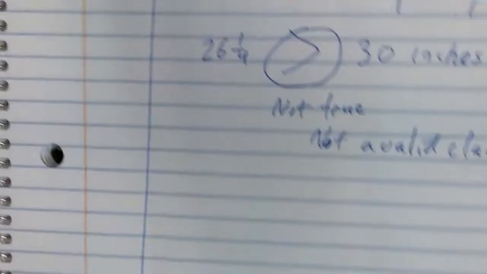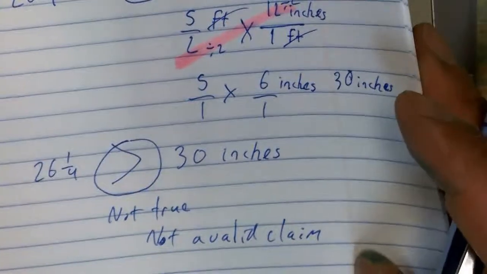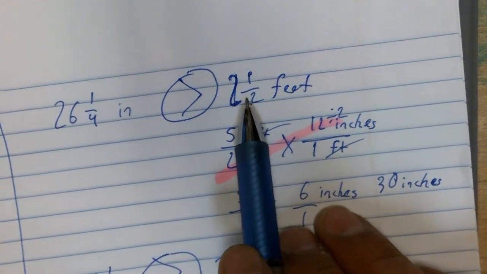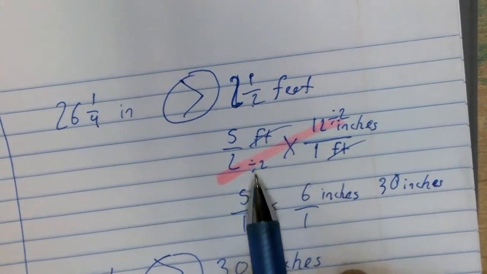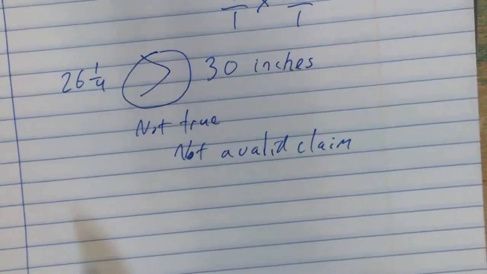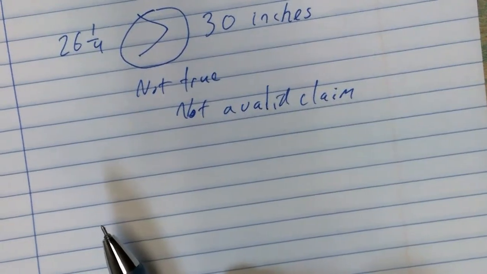Okay, and the weather forecaster said, let me read the question to you. A weather forecaster says that over the last 3 days, it snowed over 2.5 feet. Is this a valid claim? So he's saying this is more than 2.5 feet. And we did the math. I changed this to inches, got 30 inches. And we found out it's not true.